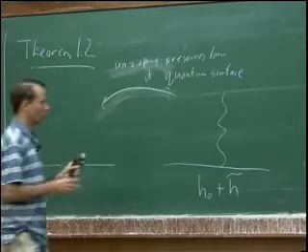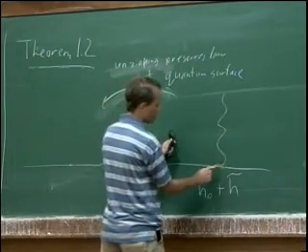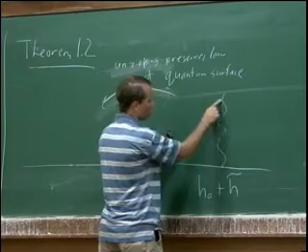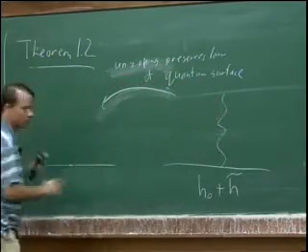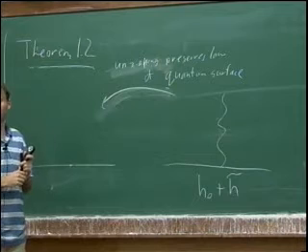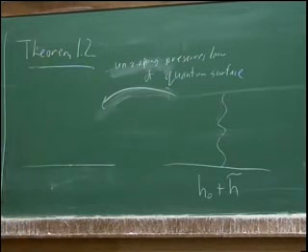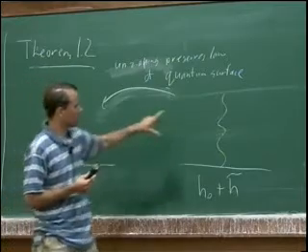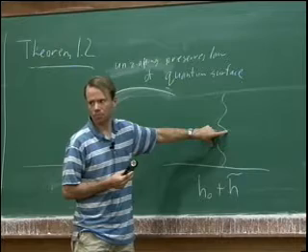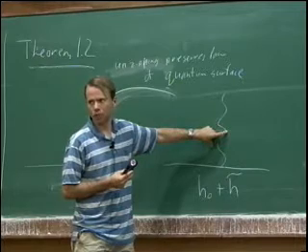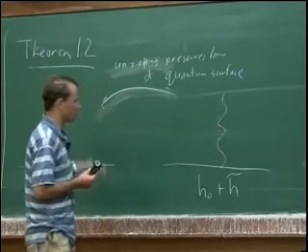The other is I take h0 plus h tilde, I draw a little slit, an SLE slit, and I unzip it. That's another way of constructing a random surface. What I want to say is that this random surface has the same law as this random surface up here when you forget about the line. So in law, this is the same as this.